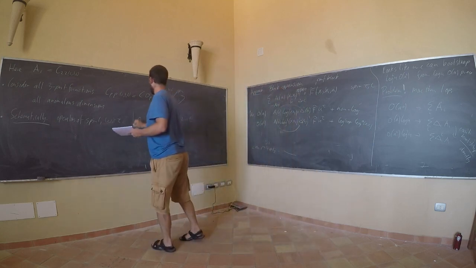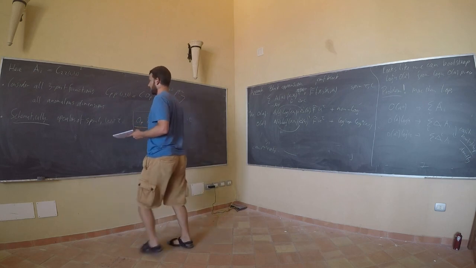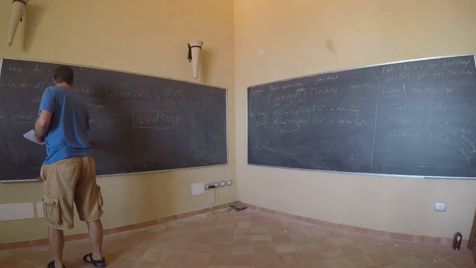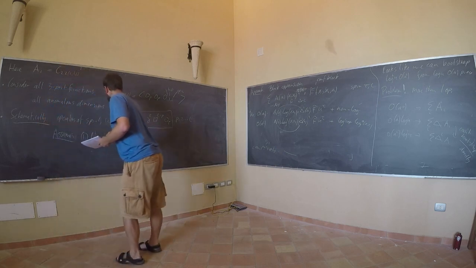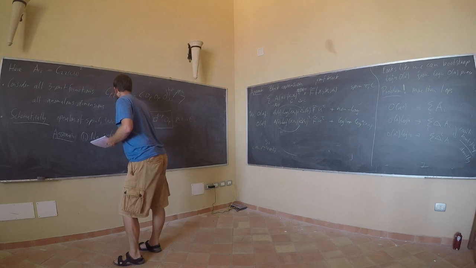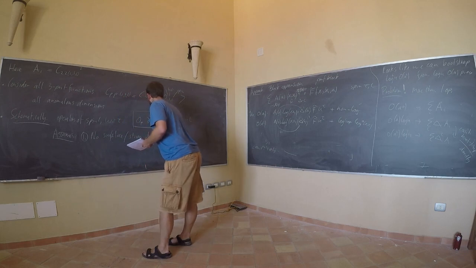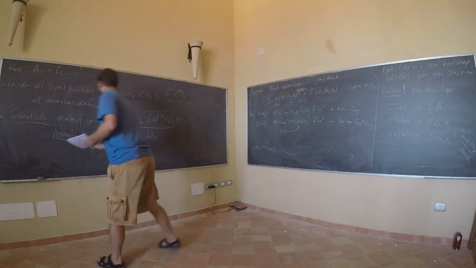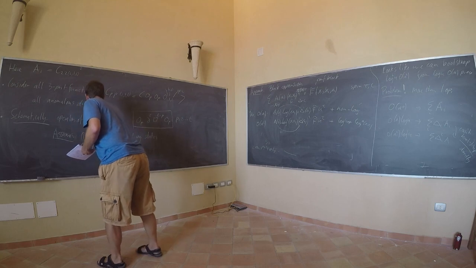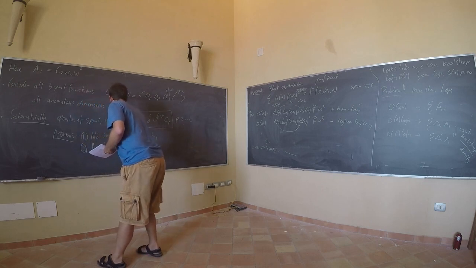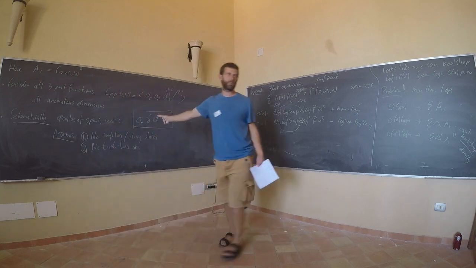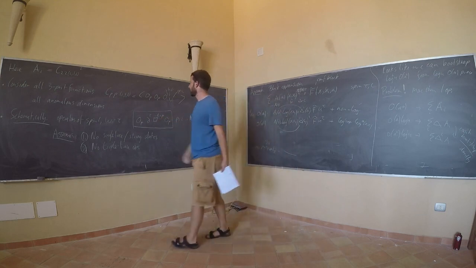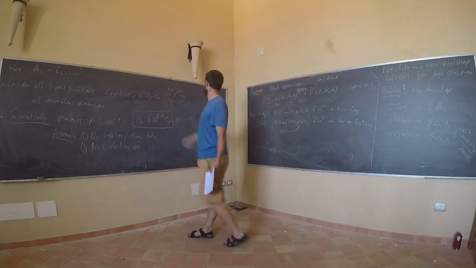What I'm saying is that this assumes, one, no single trace or string states, and two, no triple trace at this order. So the only long operators we have are of this form, and these actually have four indices which are contracted.